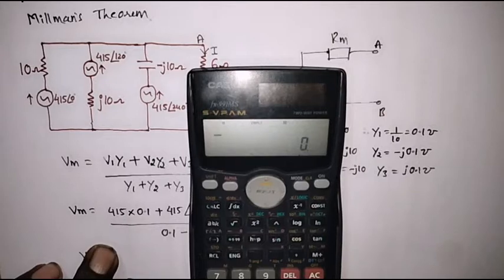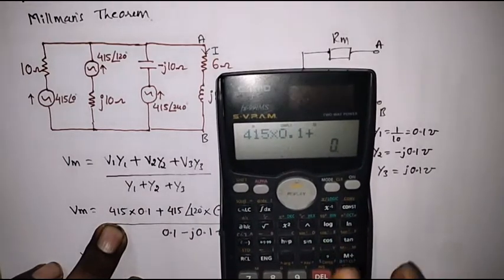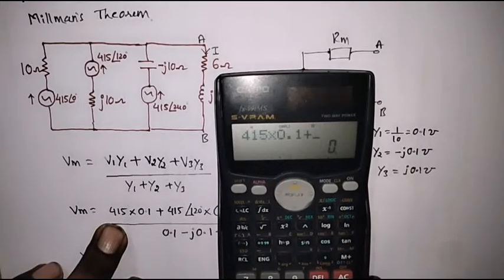Now we'll feed the values, that is 415 into 0.1 plus the next value is 415 angle 120. We can feed this value directly in the calculator.